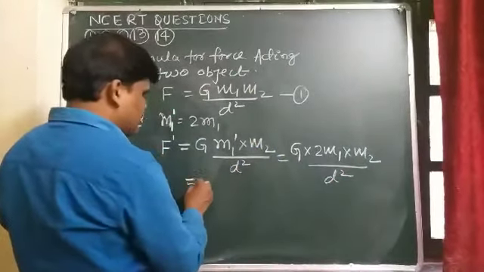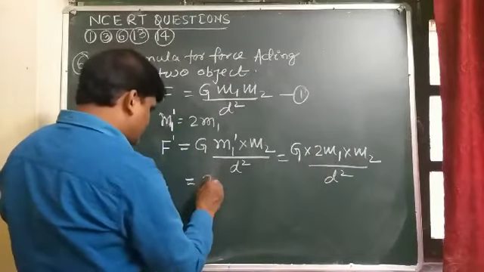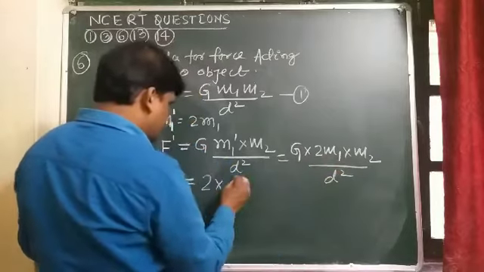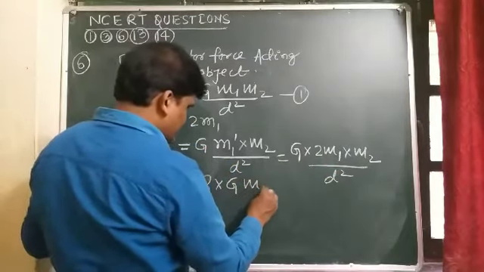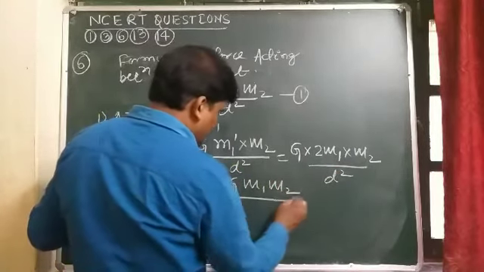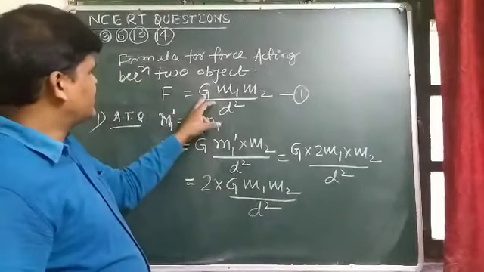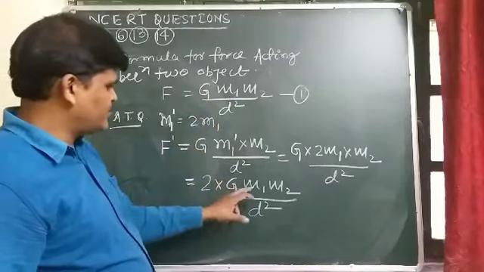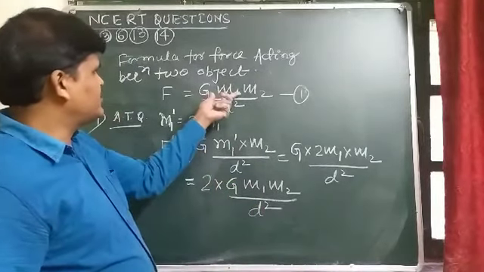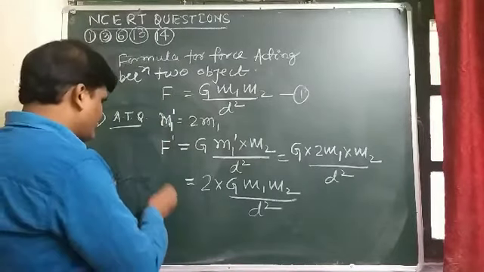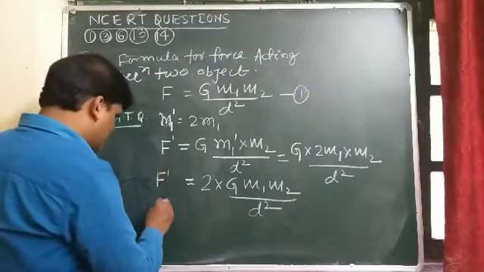So it can be written as 2 first, and then G m1 m2 by d square. So see from equation 1, G m1 m2 by d square can be written as capital F.